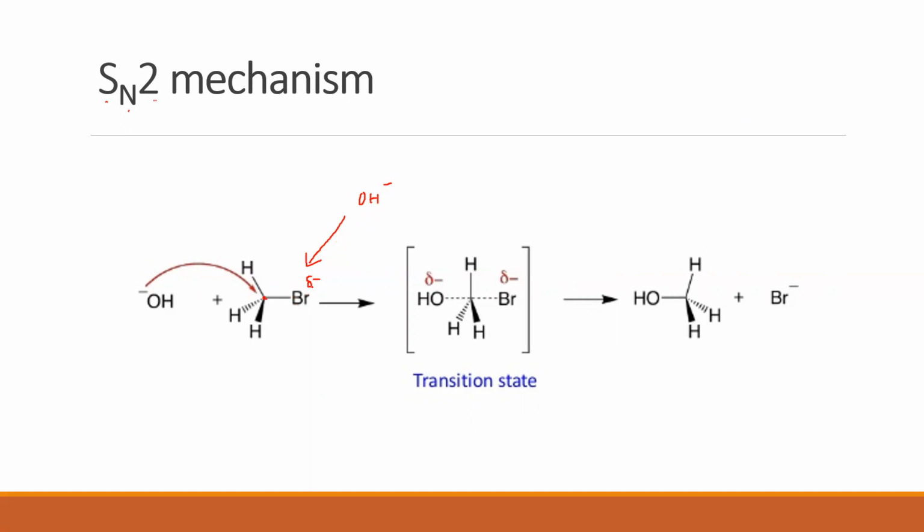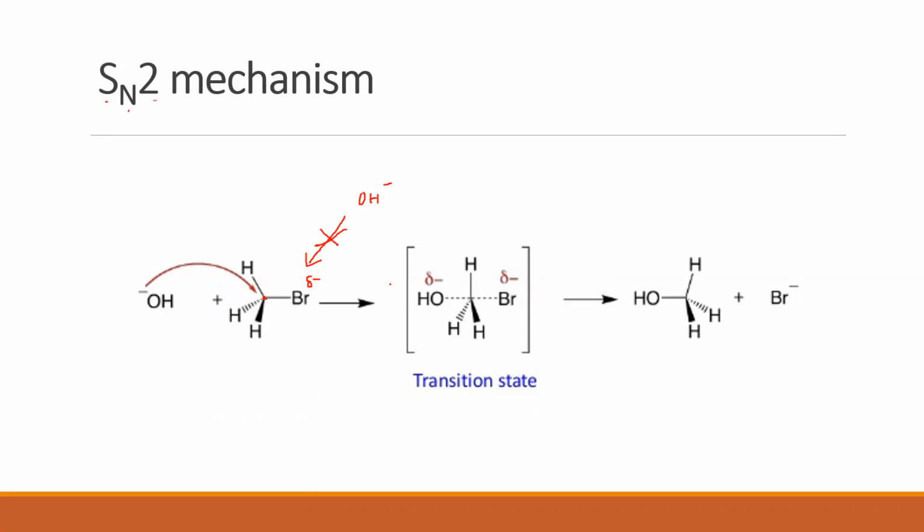Because like charges repel each other. The moment OH minus wants to come and attack the carbon from this side, it is pushed back. Who is pushing that back? The bromine is pushing that back because bromine is negatively charged. So the attack is not possible from the front side.